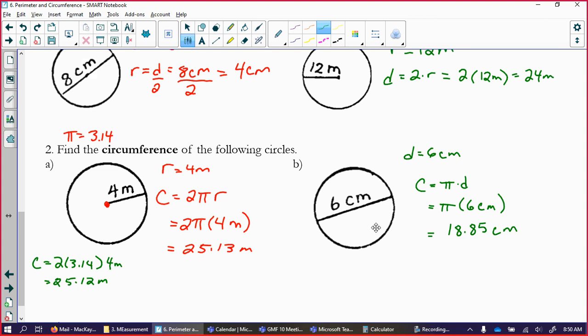So those are some hopefully rather straightforward circles. And with no feedback, this is tough. Hopefully we are ready to go on.